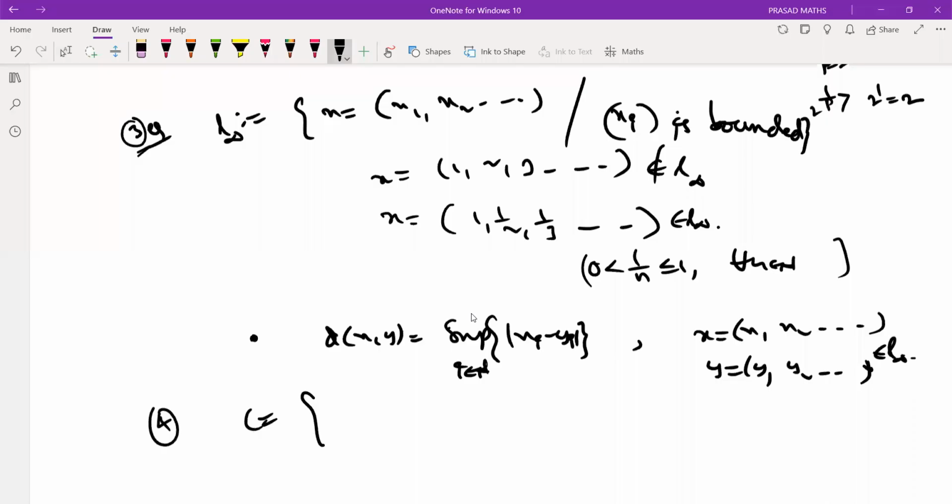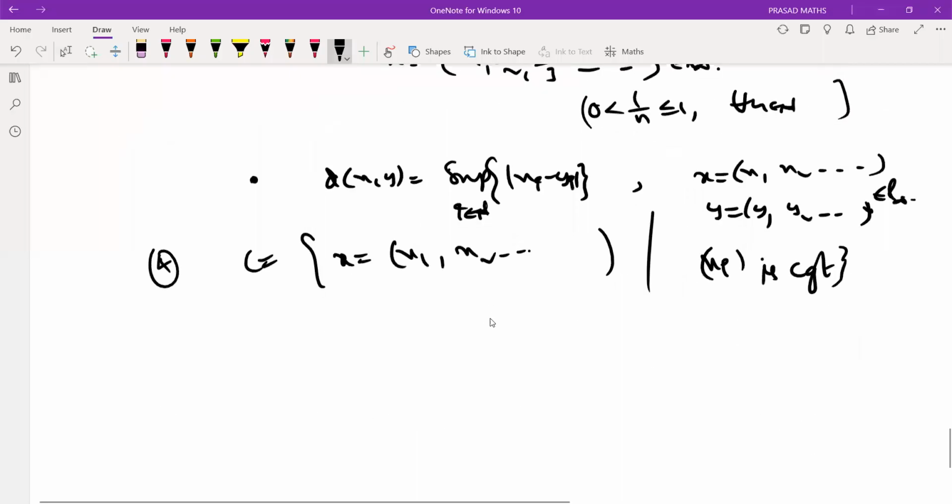C is the set of all convergent sequences. This is convergency. Suppose you take 1 square, 2 square, 3 square, is it an element of C?